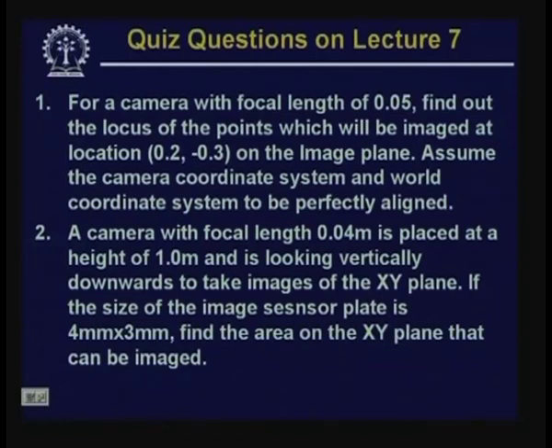The second question, a camera with focal length of 0.04 meter is placed at a height of 1 meter and is looking vertically downwards to take image of the xy plane. If the size of the image sensor plate is 4 millimeter by 3 millimeter, find the area on the xy plane that can be imaged.